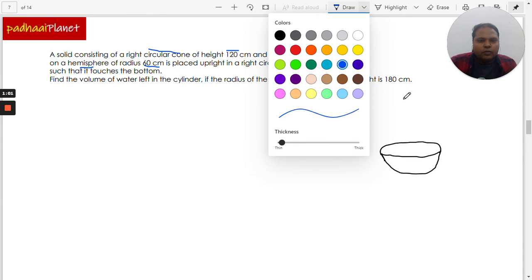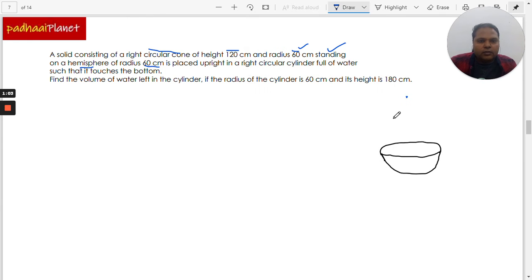So the cone would look something like this. Since the radius of both the objects is exactly the same, their base areas would also be exactly equal. So this part will be the same.